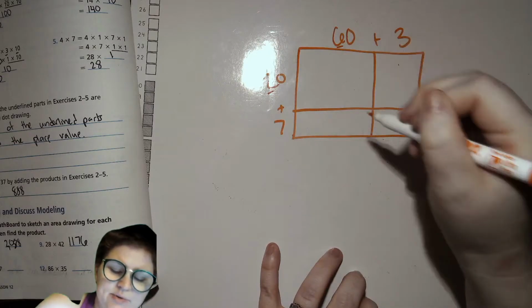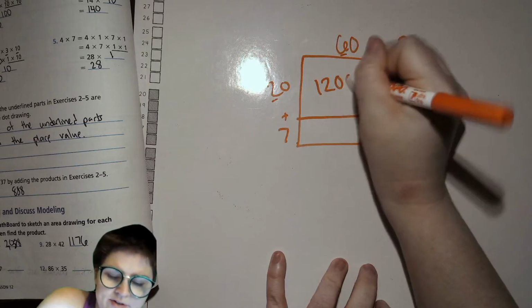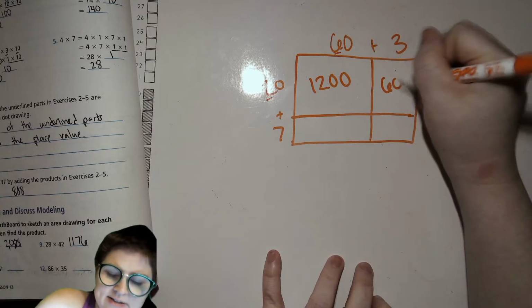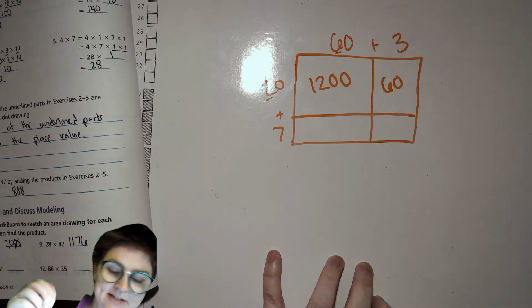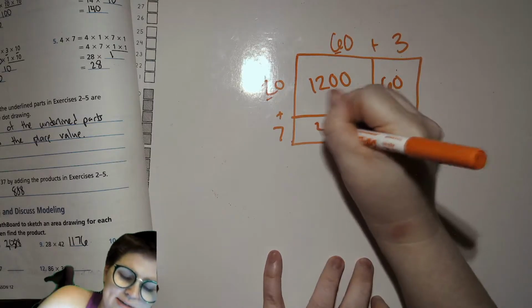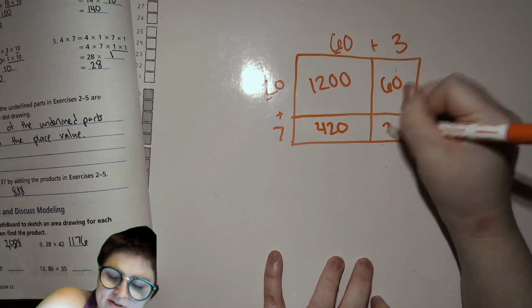60 times 20, 6 times 2 times 100. 1,200. 20 times 3, 60, because 2 times 3 is 6 times 10, 60. 6 times 7 is 42, times 10 more is 420, and then 3 times 7 is 21.